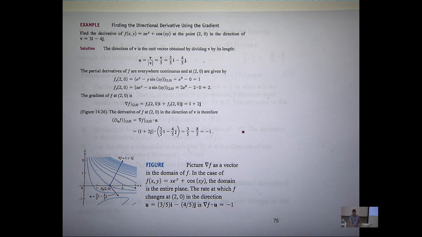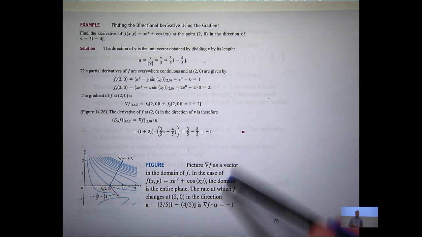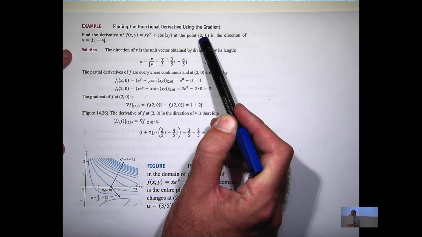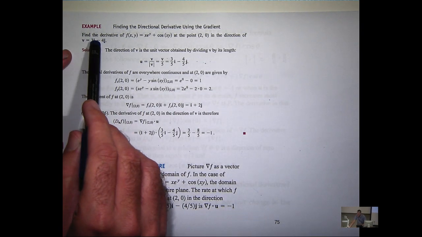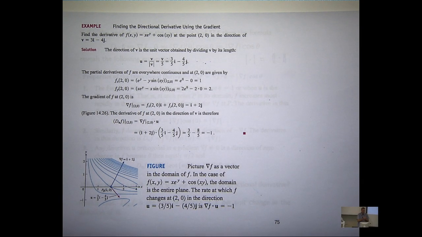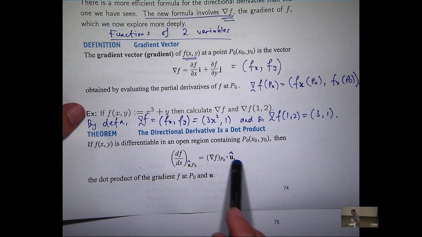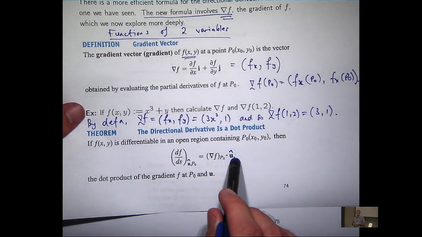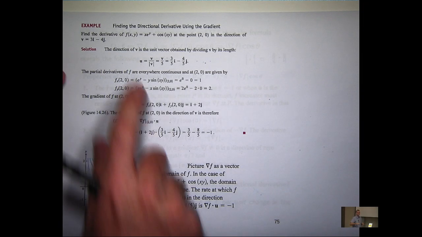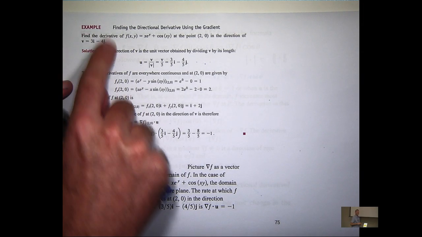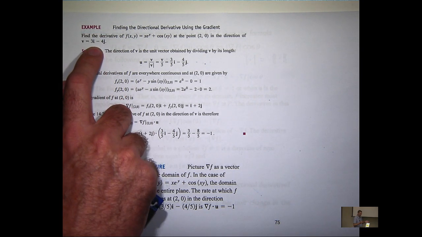I've got a function of two variables, a point of interest which is (2, 0), and I want to find the directional derivative of this function in this direction. Now, remember, when we use this, we're dealing with a unit vector. So the first task is to see, if we're working in this direction, is this a unit vector?